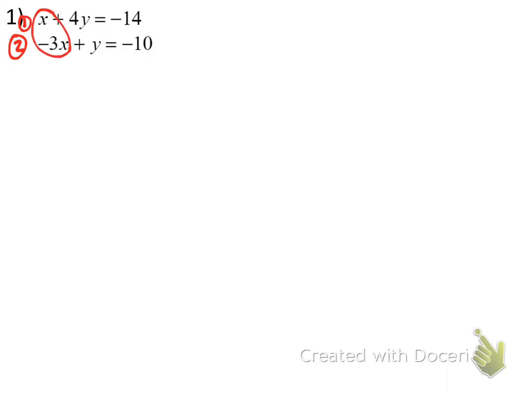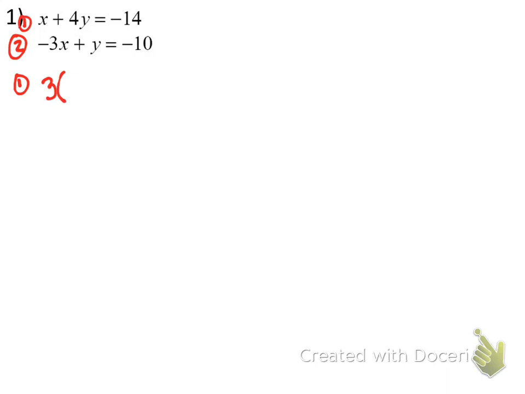So what I'm going to do is I want to change x up here so it says 3x. So I have to multiply this first equation by 3 to make it so it ends up being 3x. Okay, so what I'm going to do is rewrite equation 1, and I'm going to multiply it by 3.